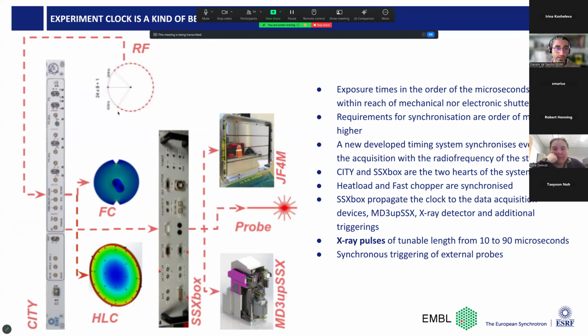But still this provides us an absolute clock from which we can synchronize both the chopper and the experimental setup, and when using light probe lasers, and of course the acquisition of the detector. So this is done, as I said, by propagating this clock which is produced by the machine, and this way we make sure that there is a single point of truth, or a single clock, which is used by all the devices on the beamline.